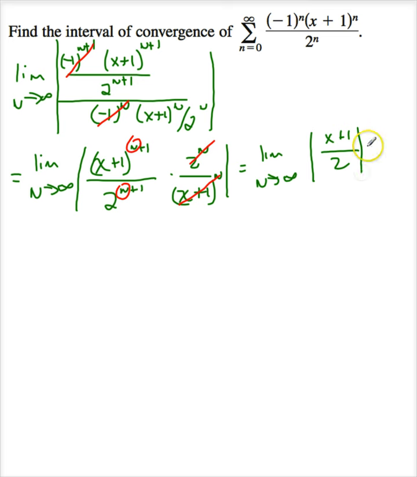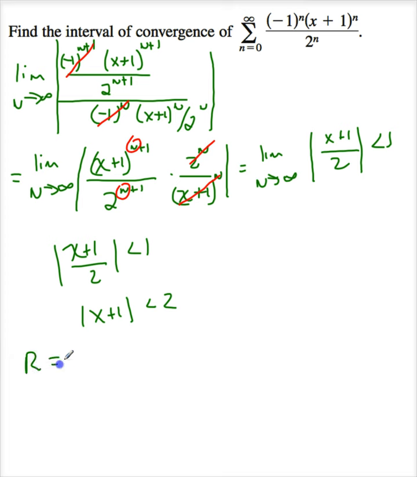And where is that less than 1? Wherever the absolute value of x plus 1 over 2 is less than 1. So the absolute value of x plus 1 has to be less than 2. Now, immediately, I know my radius of convergence is 2. As soon as you get it in this form, x plus a number is less than another number, this is your radius of convergence.